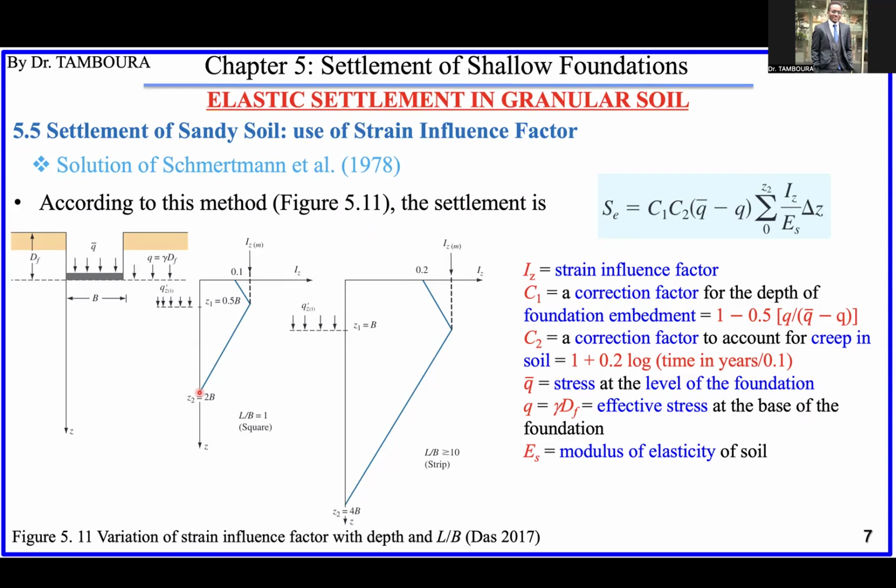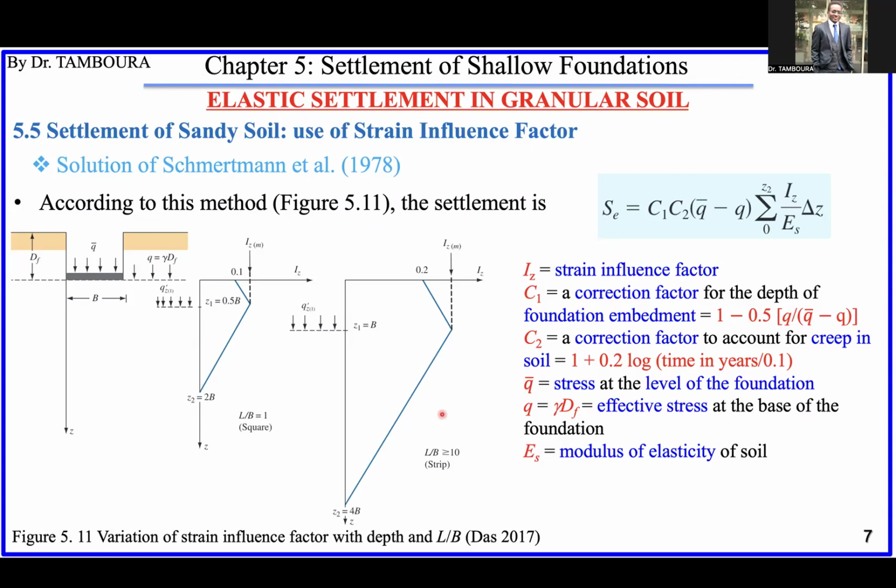That is the meaning. But this is in case of square footing. For strip footing, the value of Z1 is B, not 0.5 times B, and the value of Z2 is 4 times B. You can see the difference.